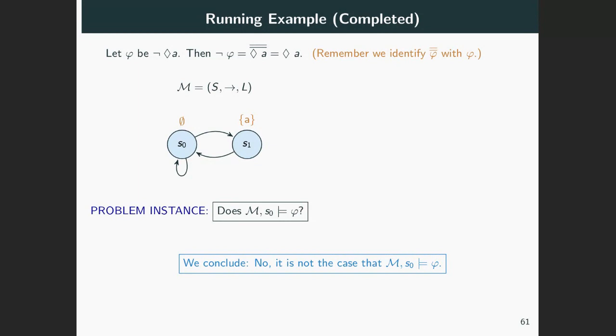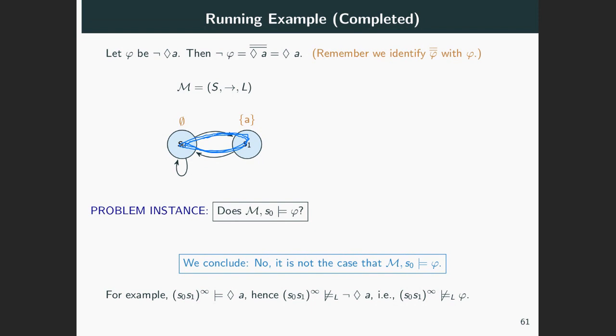Remember that phi is not eventually A, and it is indeed not the case that M in S0 satisfies phi, because there is a path starting in S0, for example S0, S1 repeated infinitely. And this path satisfies eventually A, hence does not satisfy phi, which is not eventually A.